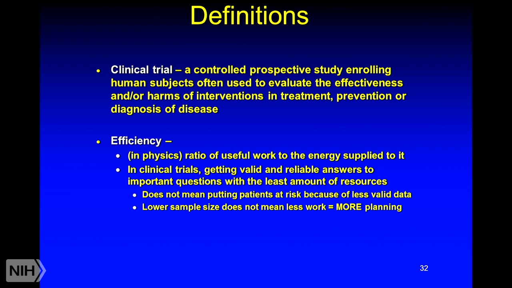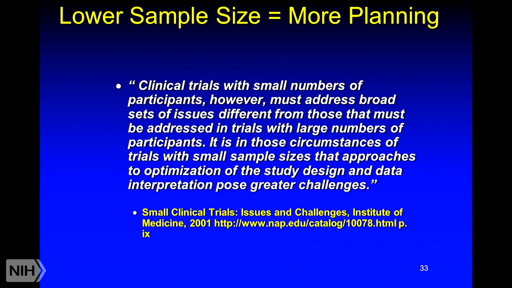So to be able to do a study efficiently means actually more planning, not less work. If you want to do a study with fewer patients, that translates inversely into more work. So inverse relationship: fewer patients, more work. Because you have to think about it ahead of time.